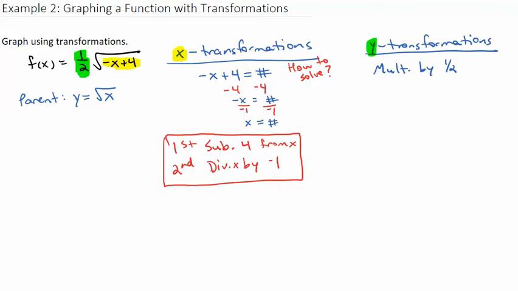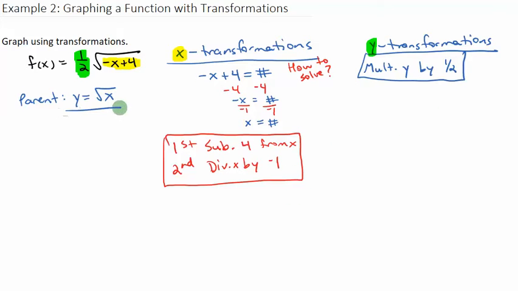But it's a y transformation, so I like to emphasize I do this to y. So I'm going to say multiply y by 1/2. Let me make that look a little neater here. Multiply y by 1/2, and that is my only y transformation.